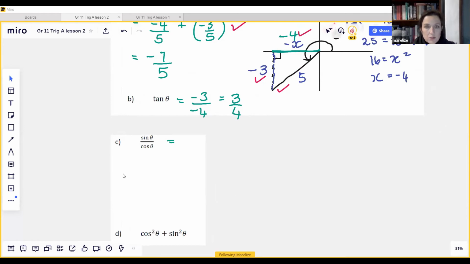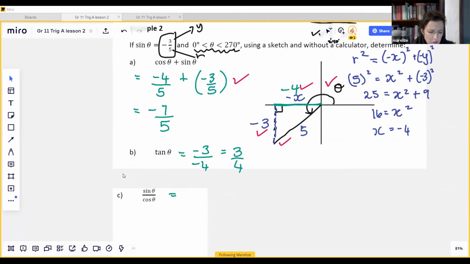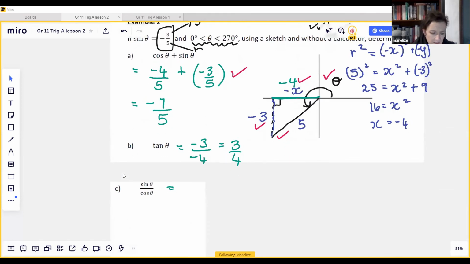Right, so we can now do sine theta over cos theta. We've done a lot of the thinking for that already in question A. We've got sine theta is -3/5 divided by cos theta is -4/5. Now you've got fractions divided by fractions. But remember, if we divide by a fraction, that is just the same as multiplying with the inverse. We can tip and times.